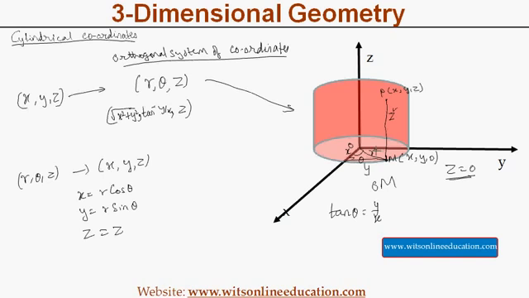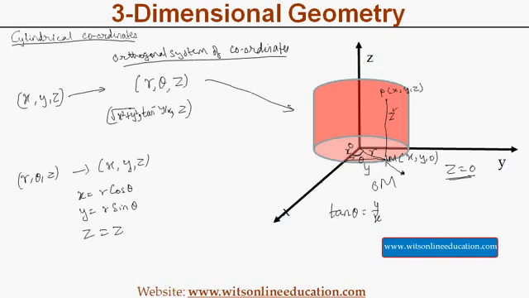We see that the direction of r is along this OM, that is the radius OM extended. The direction in which we measure theta is the tangent at this point in the direction of increasing theta. As we are measuring this angle theta from the positive x direction, it will increase in this direction.